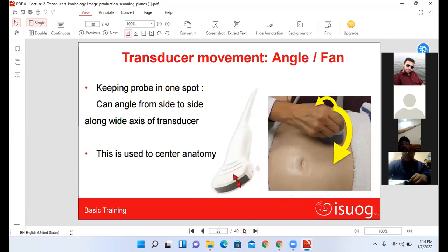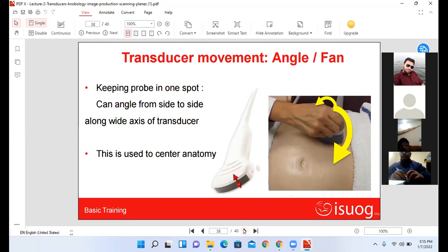Angling and fanning: keeping the probe in one spot, you can angle from side to side. This is when we are fanning our line of the fundamental frequency. Sometimes we have to use this technique to look at a certain region of interest.